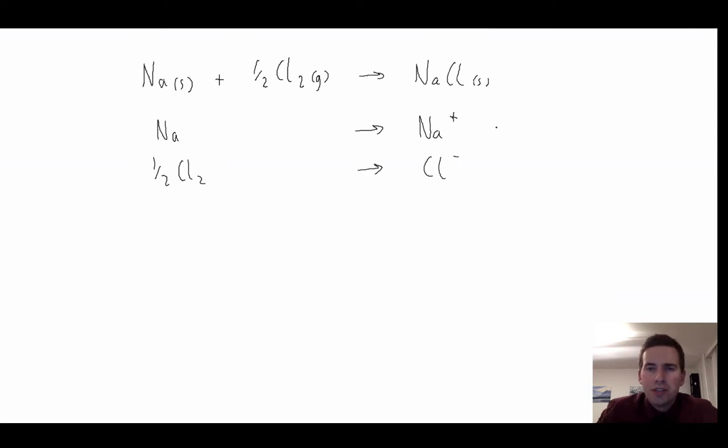Now you do this by losing an electron. Now a neutral chlorine, how does it become negative? This occurs by gaining an electron. Ionic bonding is all about the gain or loss of electrons. You have to form ions, and that happens by either gaining or losing electrons.